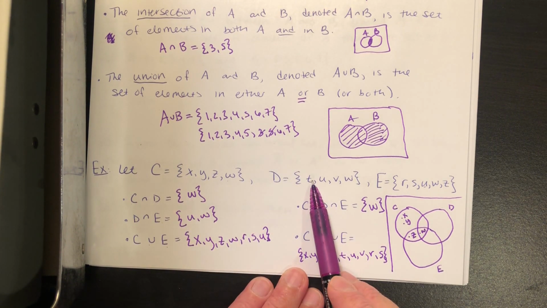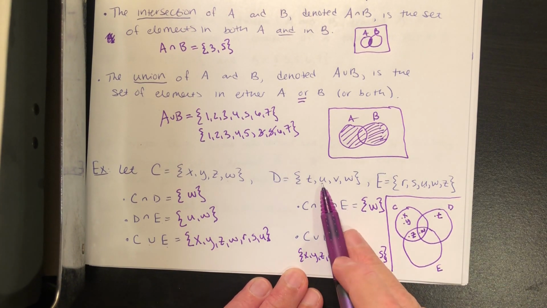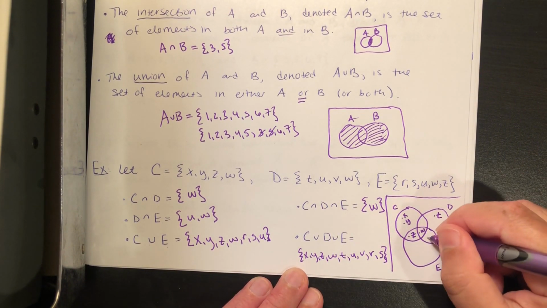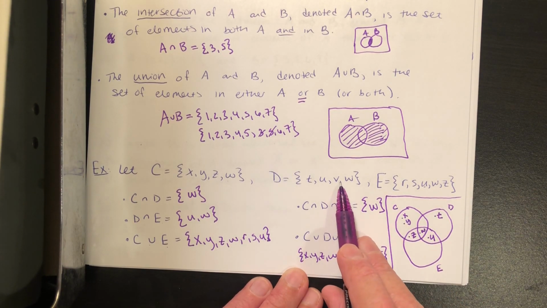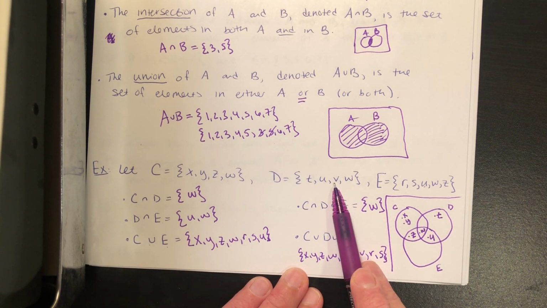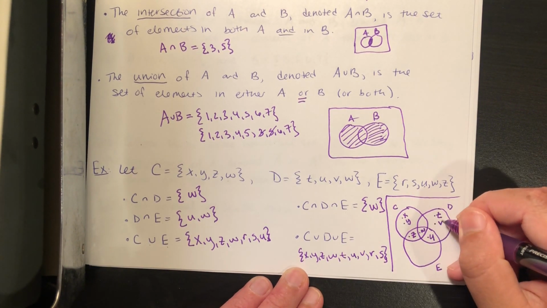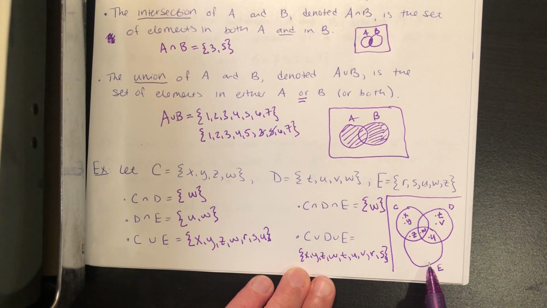Now, T is just an element of D, so I'll put T here. U is an element of both D and E, so we'll put that here because it's not also in C. V's already there. Oh no, V's not there yet. So V is just an element of D. W, we said, was already in the three-way intersection. And finally, what are we missing?